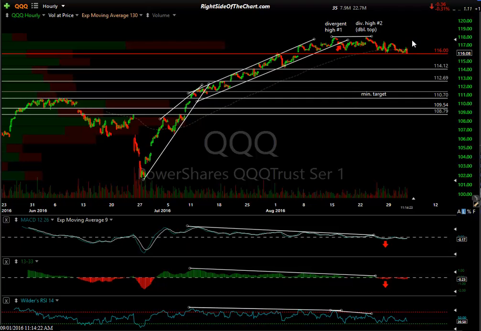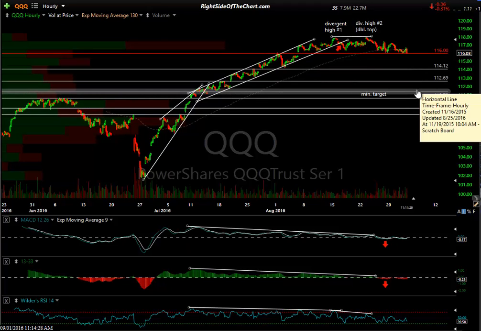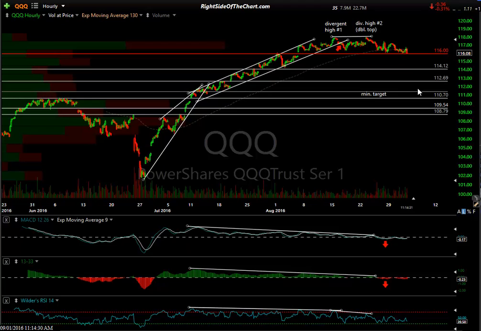And the other thing, as I mentioned about letting profits run, if we get some real ugly selling, we're watching the leading stocks, Apple, Alphabet, Microsoft, Amazon, all breaking down below key support levels. At that point, you might decide, hey, I'm going to hold out and see if we can get one of those waterfall sell-offs.